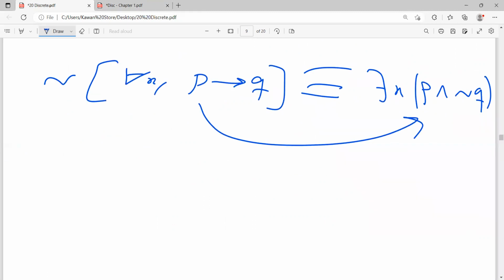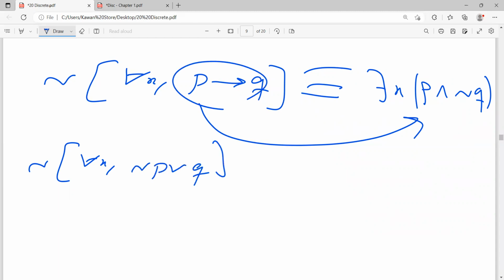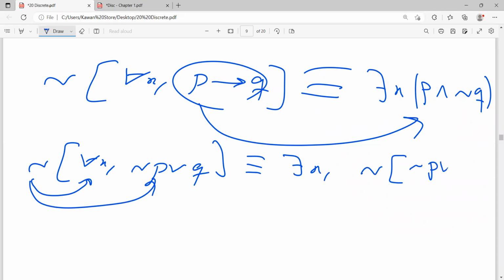So it's easy. The negation of for all x, p then q is equal to what? Negation p or q. We did that before. So I'm going to negate the quantifier. The negation of the quantifier for all will be there exists x, and negation for p. My p is here. Understood?